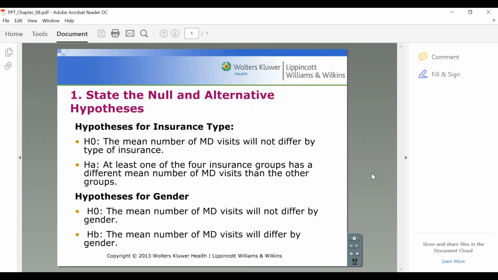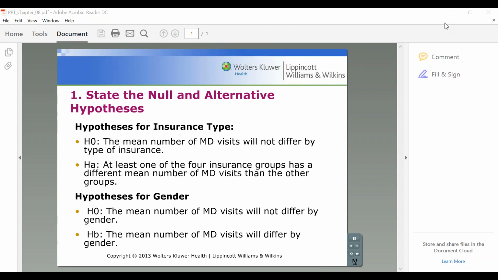So our hypotheses, we always state our null and our alternate. As you remember, our null is basically that it doesn't matter what type of insurance, we're just not going to see any differences, or all the groups are at least equal. Alternatively, we would say one of the 4 insurance groups has a different mean number of visits, and they would be statistically different.